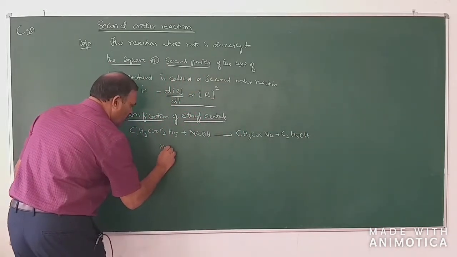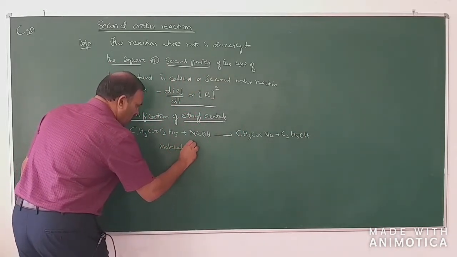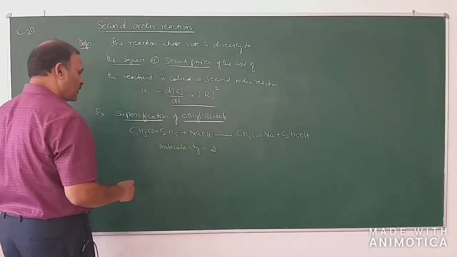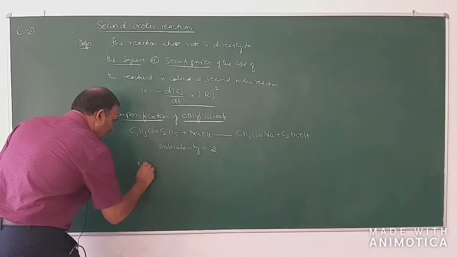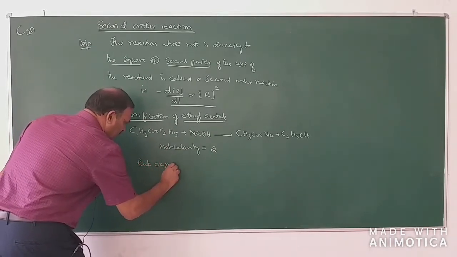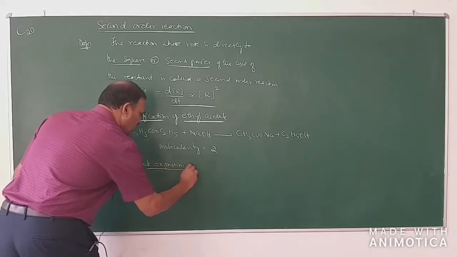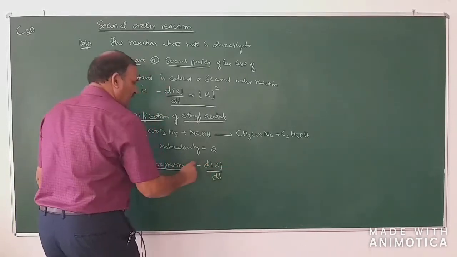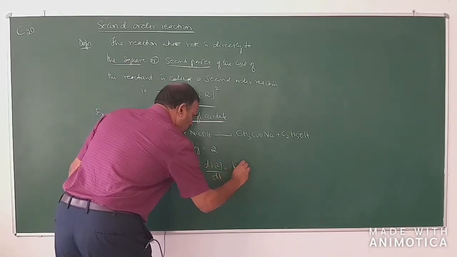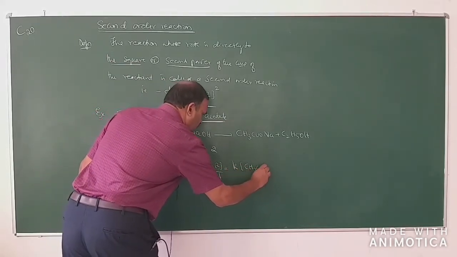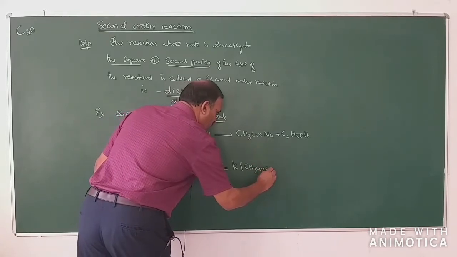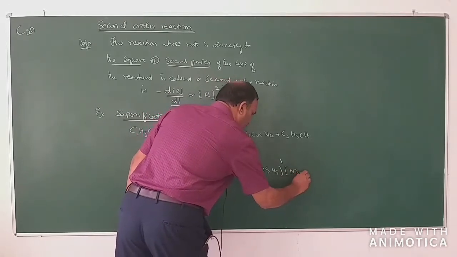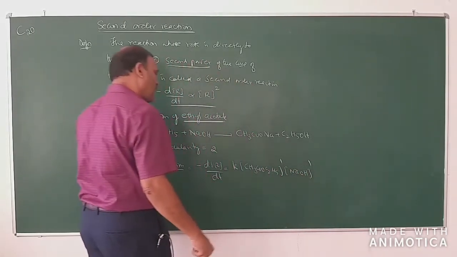What is the molecularity of this reaction? Molecularity equals 2 because 2 molecules of reactants are taking part. And what is the rate expression? Rate expression equals minus dR divided by dt, the rate of reaction, is equal to k into concentration of CH3COOC2H5 to the power of 1 into concentration of NaOH to the power of 1.